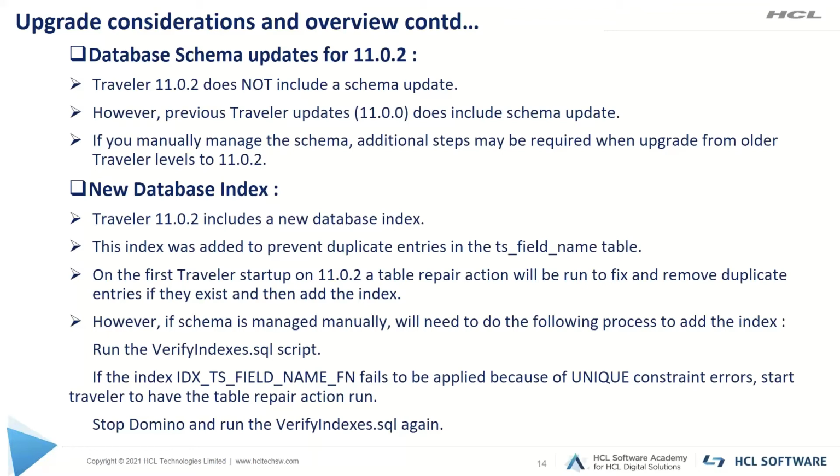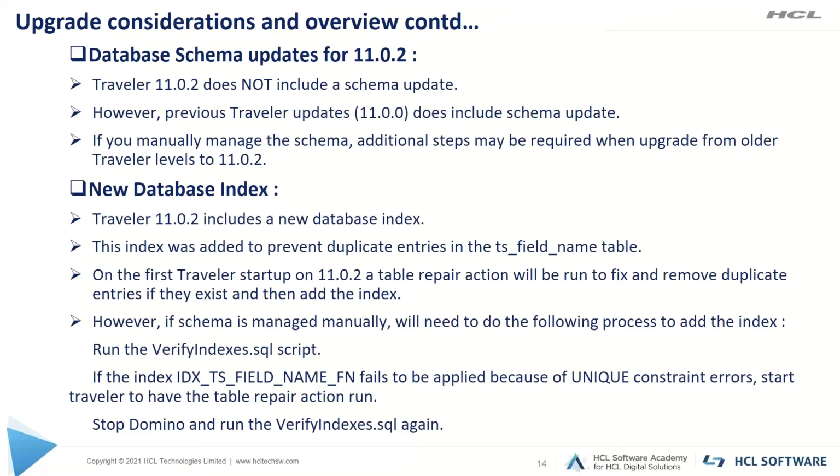This index was added to prevent duplicate entries in the ts_field_name table. On the first Traveler startup after upgrading to 11.02, a table repair action will run to fix and remove the duplicate entries if they exist, and the new database index will be added.